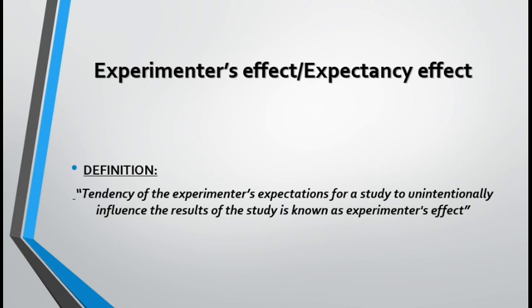The expectancy effect is when subjects have the expectation that certain changes will occur. So the definition of expectancy effect would include changes in a subject's behavior produced by the subject's belief that change should happen. So this is called the expectancy effect, whereas the experimenter's effect is the effect that is caused by the experimenter.